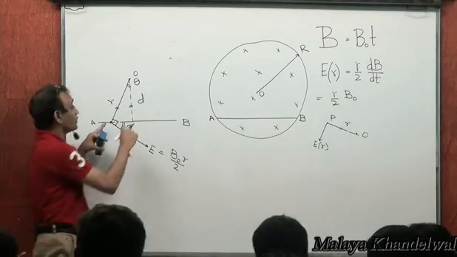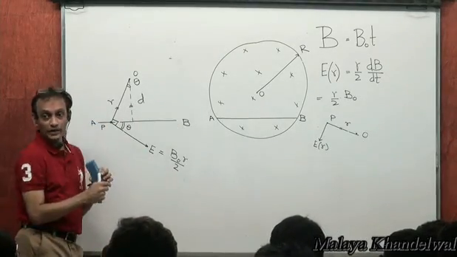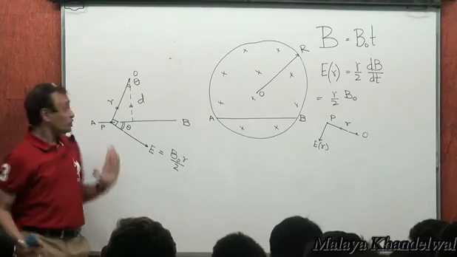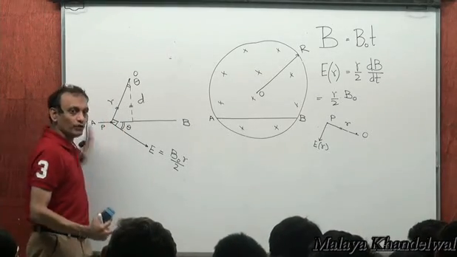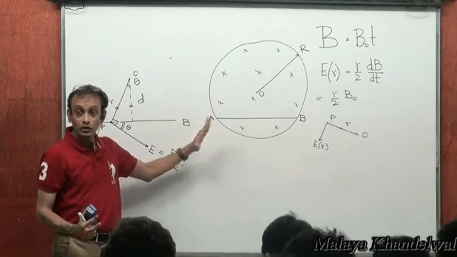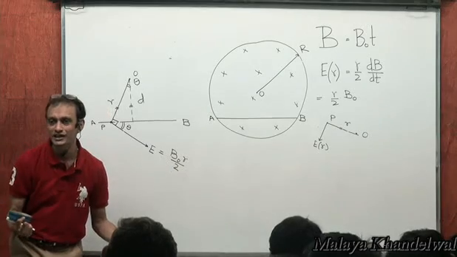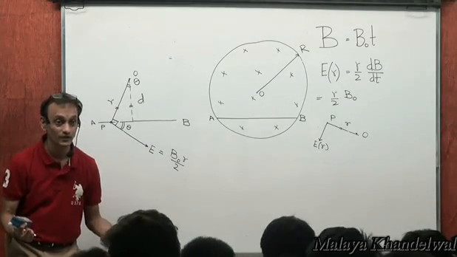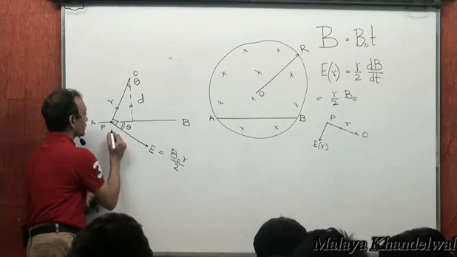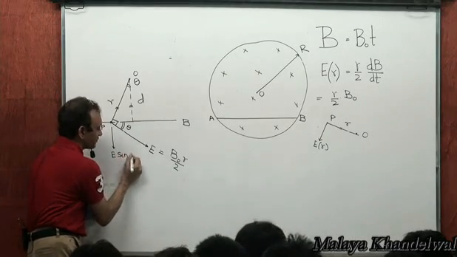This electric field will have two components: a component E cos theta along AB and a component E sin theta perpendicular to AB. E sin theta perpendicular to AB will not drop EMF across AB, whereas E cos theta, which is along AB, will drop EMF across AB, right? So E sin theta, which is perpendicular, will be passive.